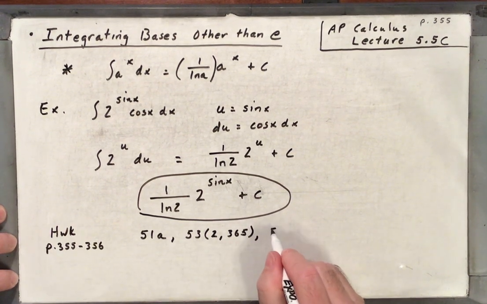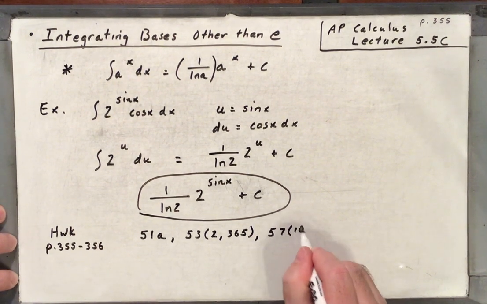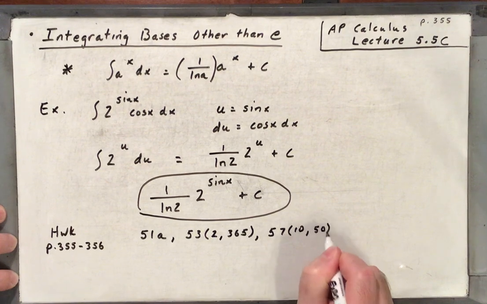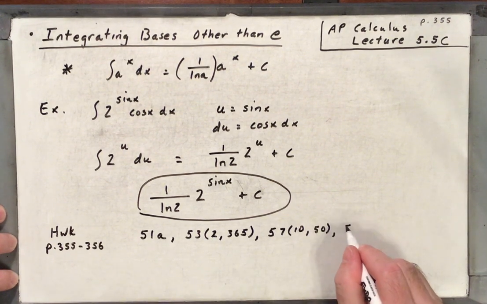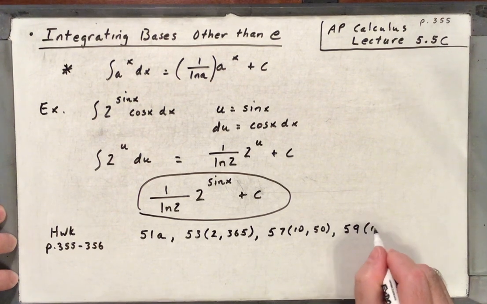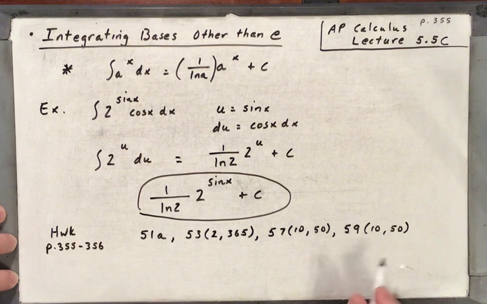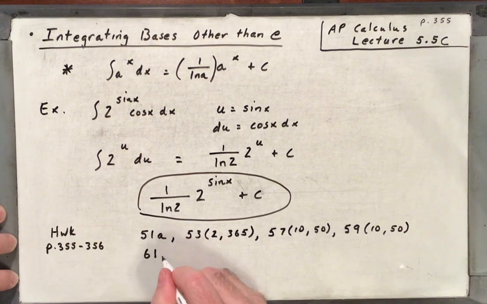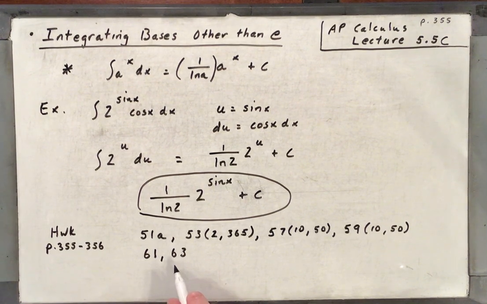On 57, you don't have to fill out the whole table unless you're just dying to. 10 and 50. All right, 59, you can also just do 10 and 50 instead of the whole table. 61, 63, those are two that are like example 64 that I gave you.